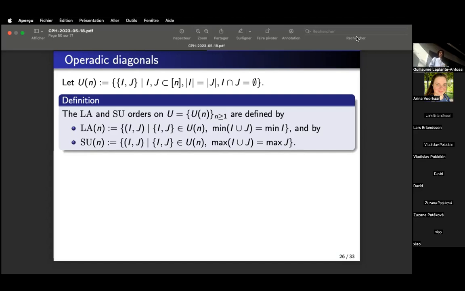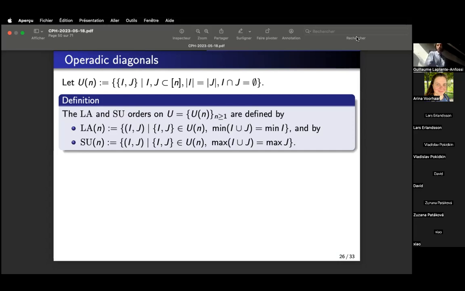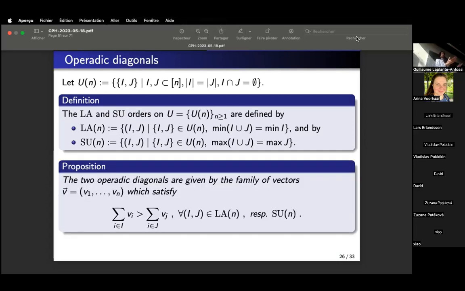So yeah, this is what they are. But we ask for this in all dimensions. And the two operatic diagonals are given by vectors which satisfy the following formula.